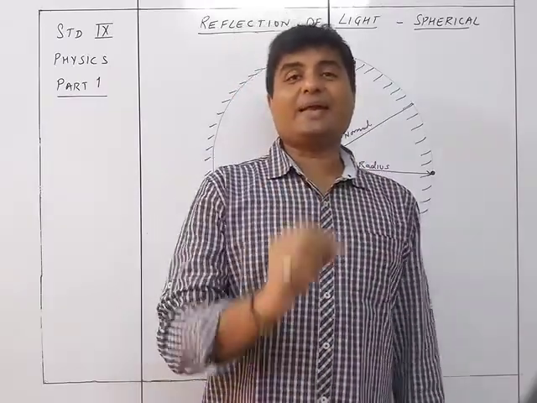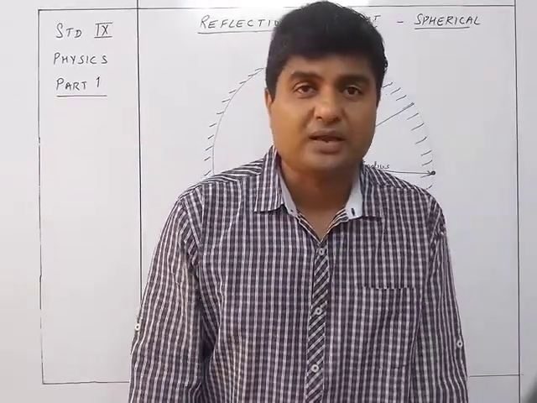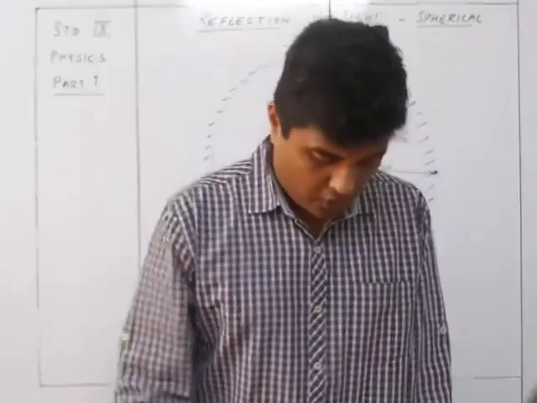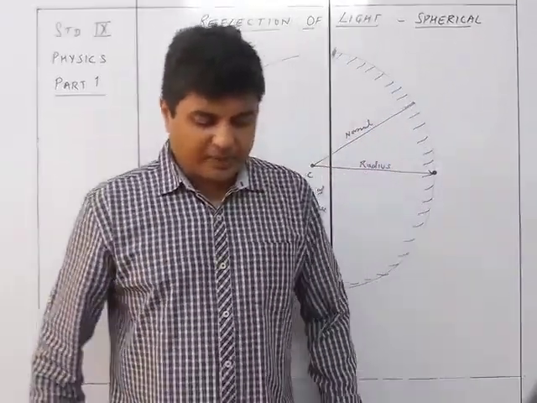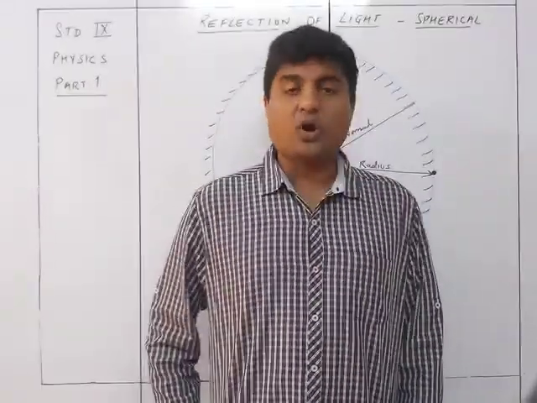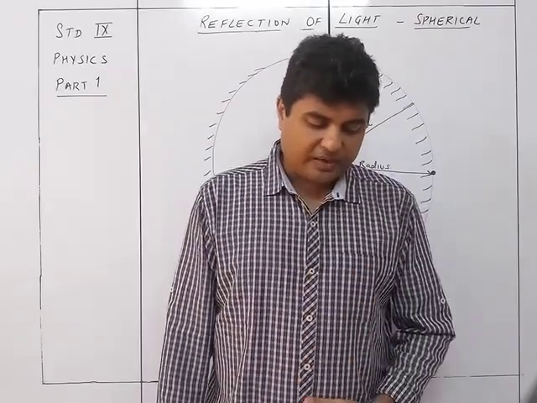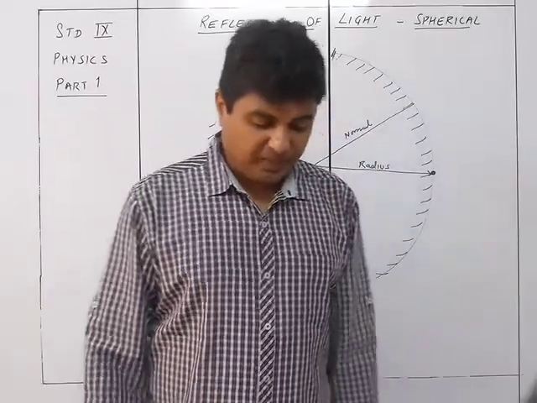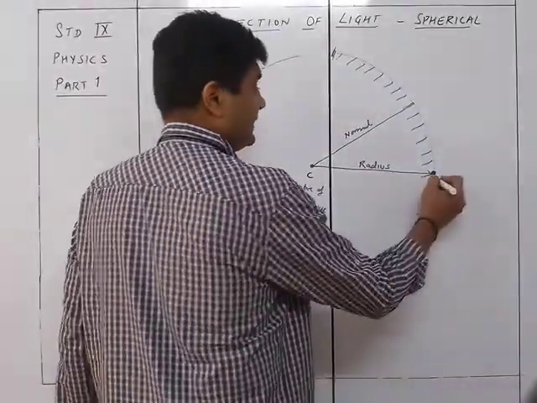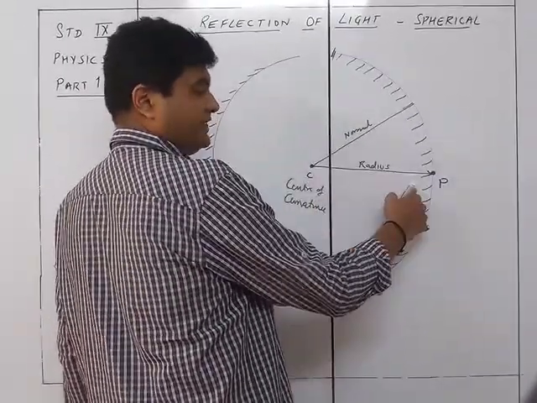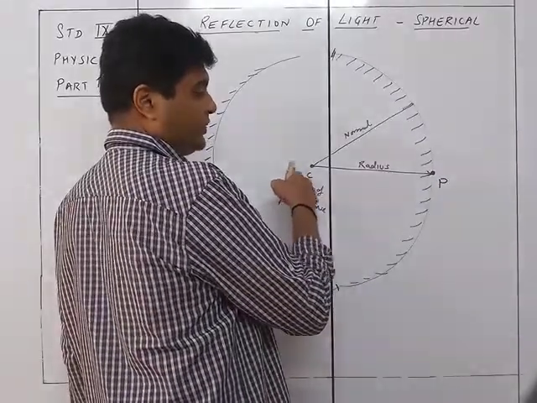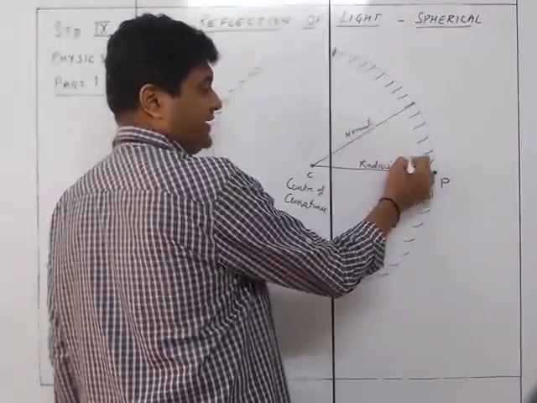The geometrical center of the spherical mirror is called the pole. The geometric center of the spherical surface of the mirror is called the pole of the mirror. It is represented by the letter P as shown. So PC is the radius, P is the pole, C is the center of curvature, and this is R, the radius of curvature.